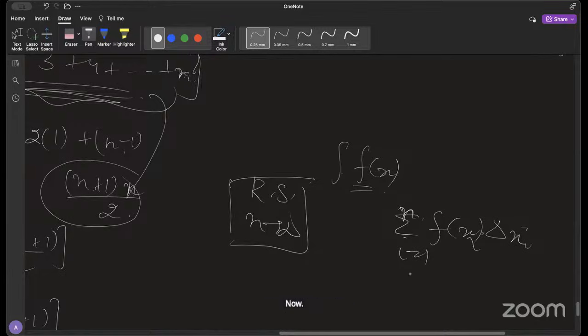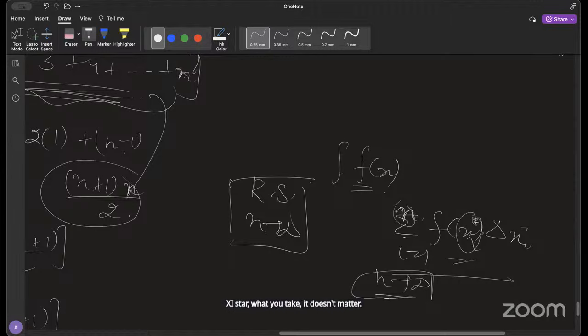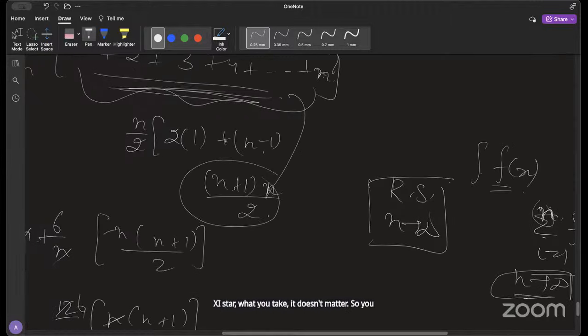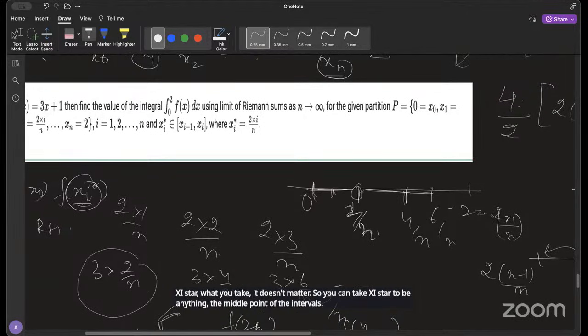Now this is the Riemann sum for the n intervals, right? If you take n tending to infinity, this is going to be the same. It doesn't matter what xi star you take. You can take xi star to be the middle point of the intervals or the right end point or the left end point, it doesn't matter.